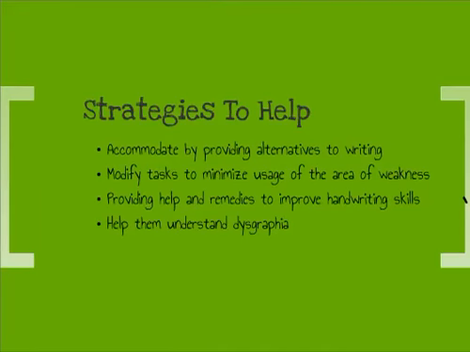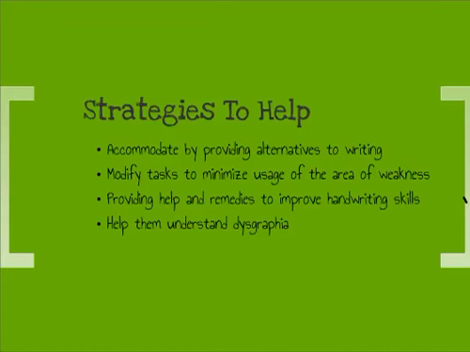Again, we'll talk about strategies another time, but there are lots of ways now that we can accommodate writing. We can modify tasks to minimize the usage of the area of weakness. We can work on handwriting skills, which is something that would make sense to do.